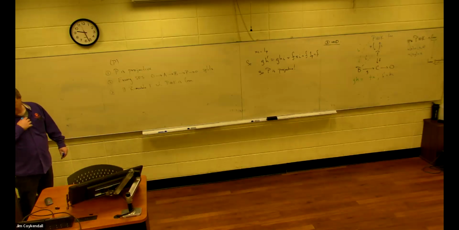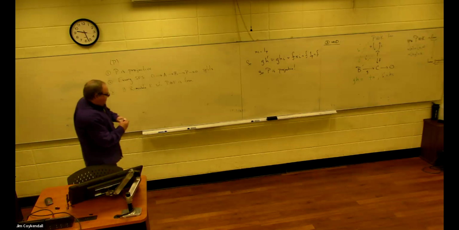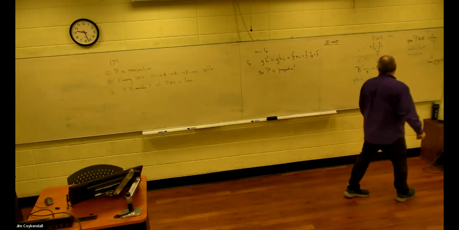Dr. Gordon? Since every R module is going to be the homomorphic image of a free module, what specifically is unique to P being projective? What is unique about P here?